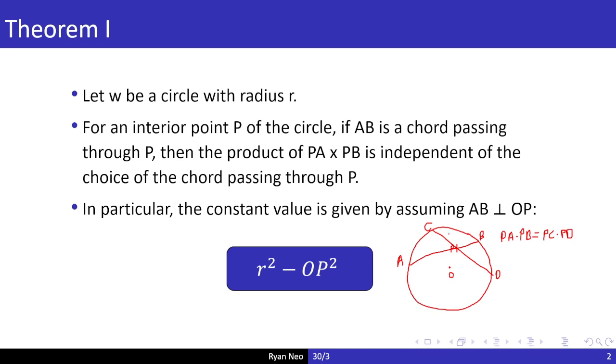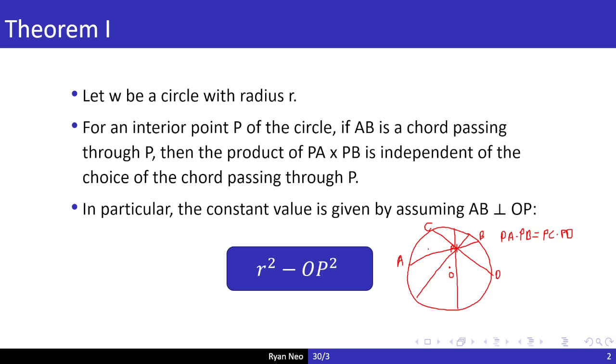So it's saying that no matter what chord we draw, as long as it passes through P, P splits any chord into 2 parts, I won't call them halves because it's not exactly half. The product of the lengths of the 2 parts would be the same for any chord that you choose.